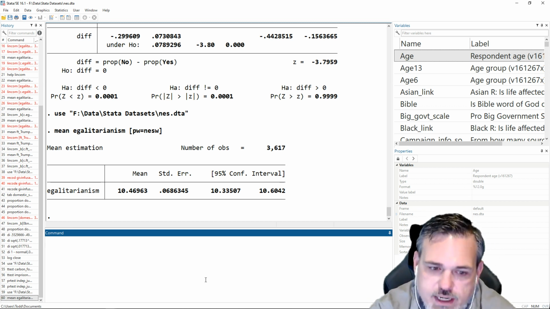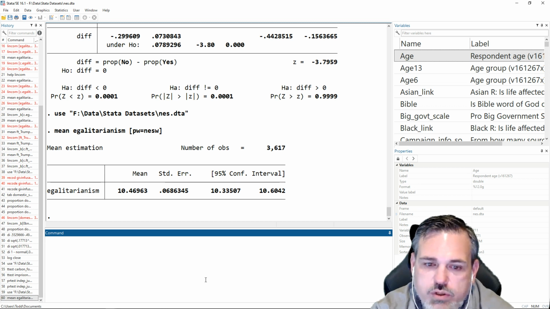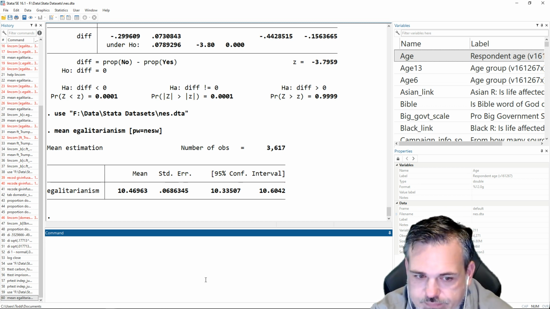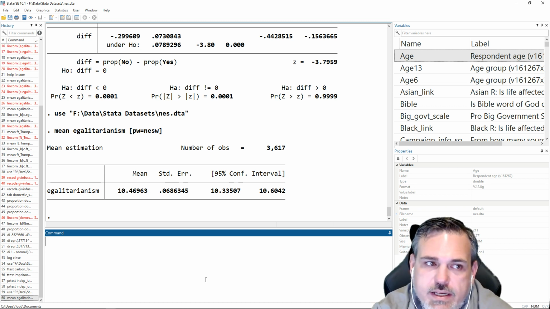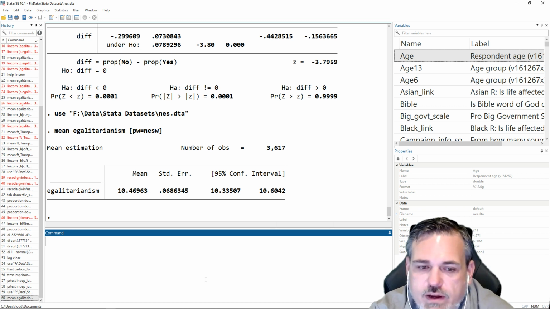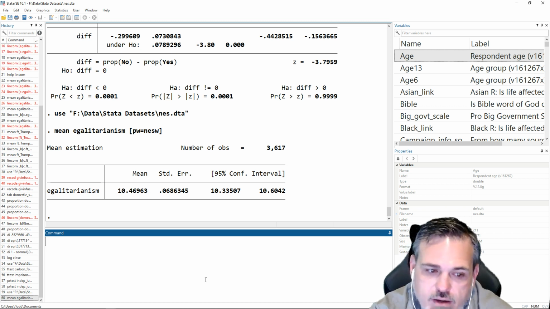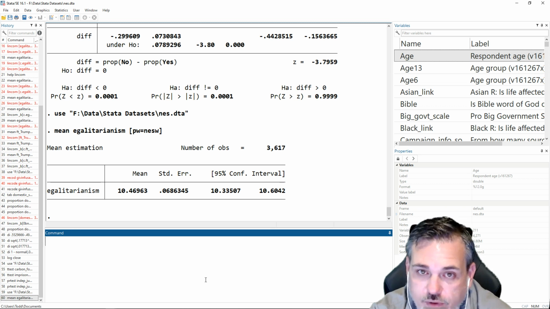If we were to retake this sample under very similar conditions to which the NES was initially drawn, we would be 95% confident that our mean of egalitarianism would fall within this interval. If we were to take 100 different samples, 95 of those samples would have a mean that falls within the interval, and 5 of the samples would have a mean that falls outside of it.